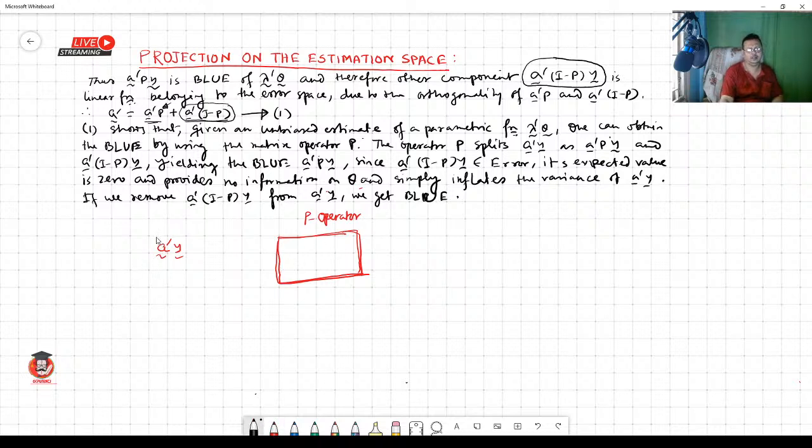I start with any unbiased estimator of λ'θ, say A'y, and if you put this unbiased estimator A'y into this machine, it automatically breaks this into two parts.